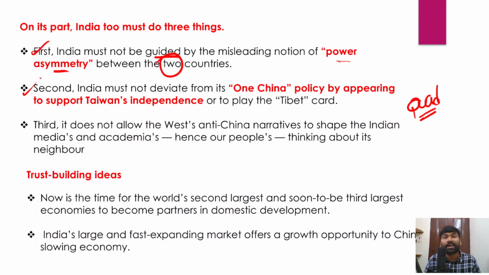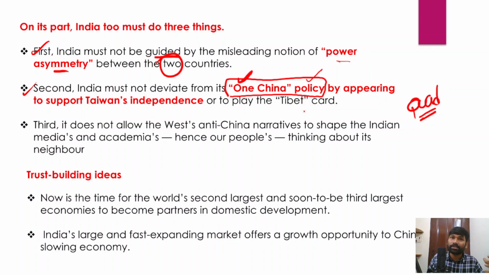Secondly, the author has also been telling that India must not deviate from its one China policy. Now, what is the one China policy? It is a policy which says that any country which wanted to have diplomatic, friendly relations with China must recognize the one China policy.